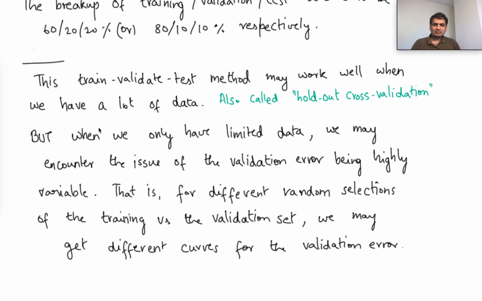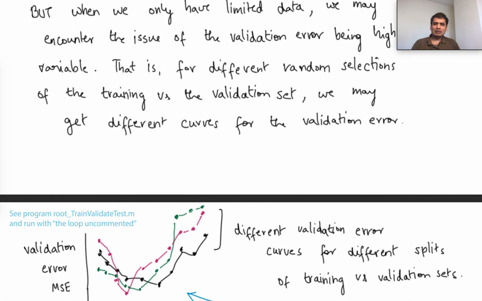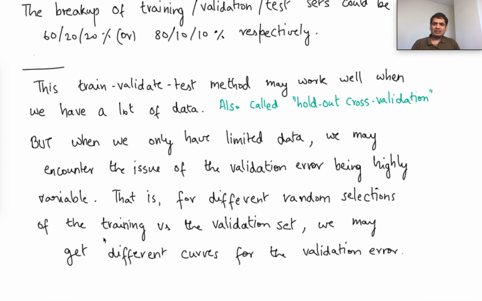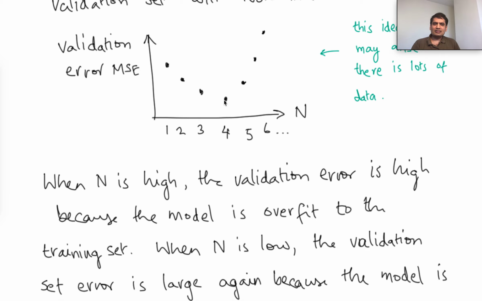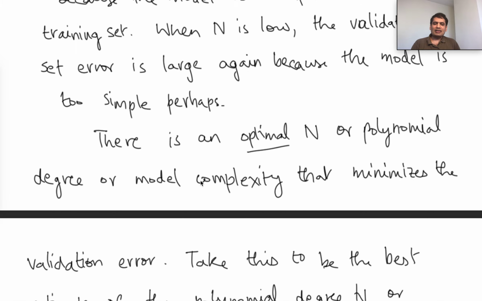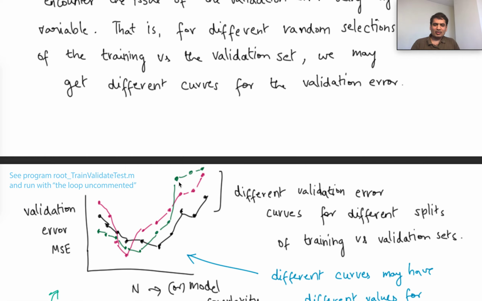In any case, if you randomly split the data set into these three pieces, depending on the random split, you might get the validation error to look different, right? So it's never this clean that there is an optimal validation error. For one split of the data, you might get some curve that looks like this.